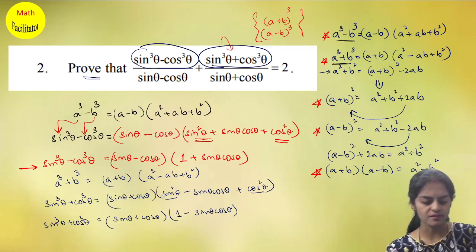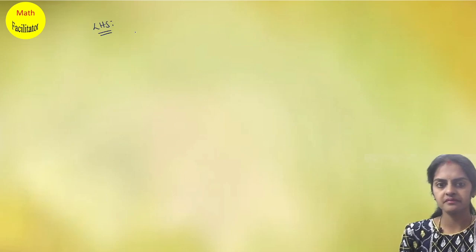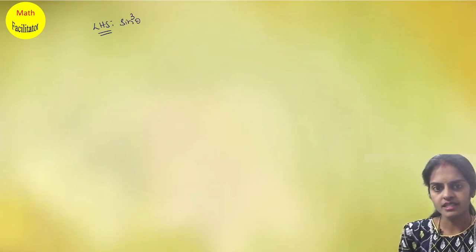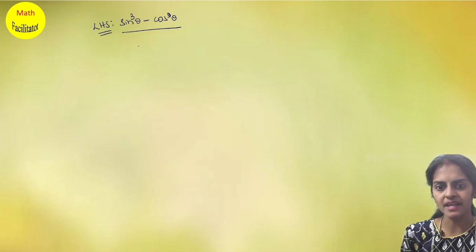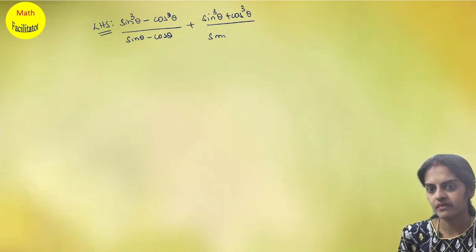If you are able to do this much, then the next step is simple substitution. How are we going to substitute? Just look at the LHS given. You have sine cube theta minus cos cube theta whole divided by sine theta minus cos theta, plus sine cube theta plus cos cube theta whole divided by sine theta plus cos theta.